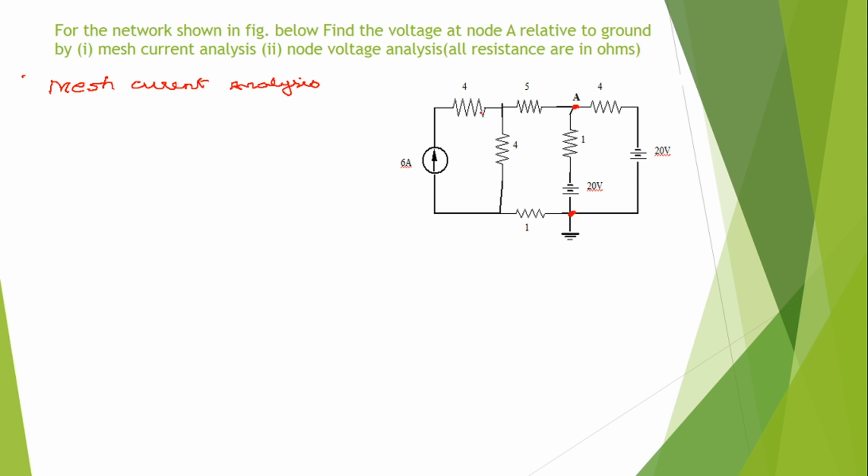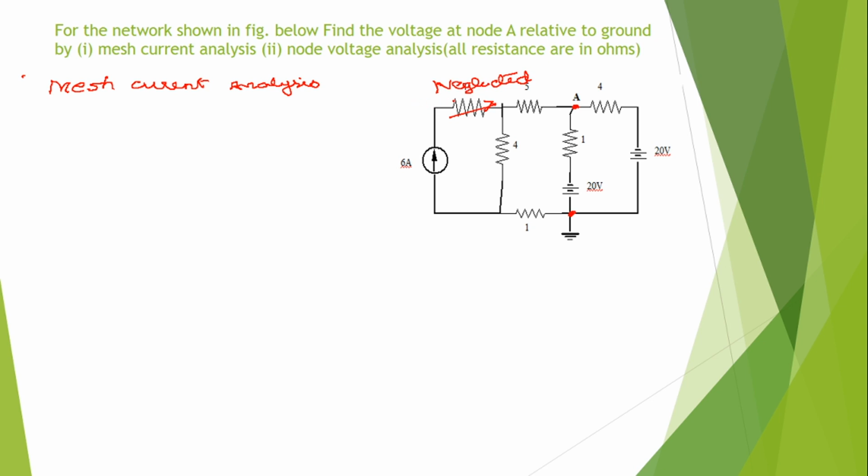Now in this, the 4 ohm resistor is connected in series with the current source. So this 4 ohm resistor can be neglected.